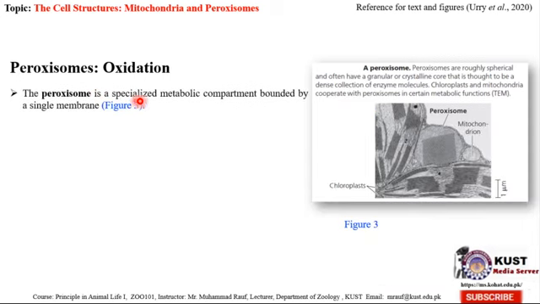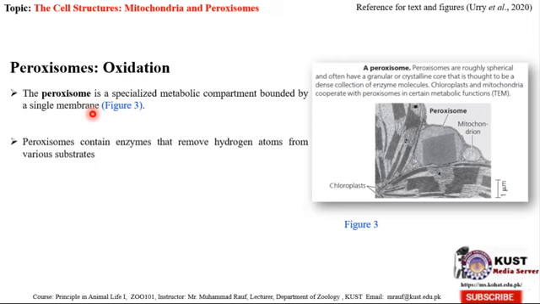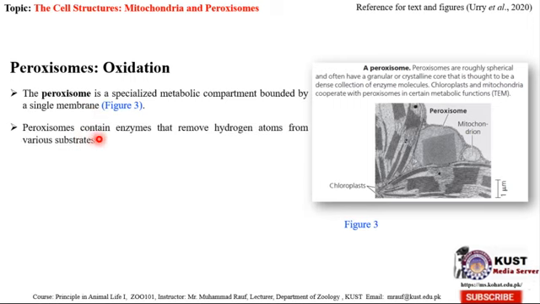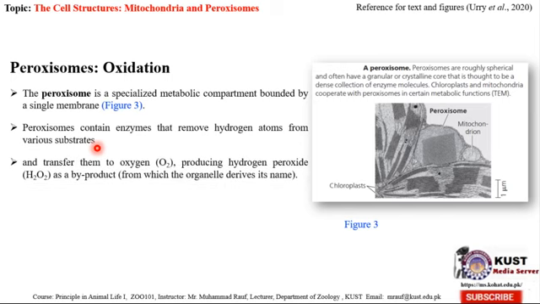Peroxisome is a specialized metabolic compartment bound by a single membrane. Peroxisomes contain enzymes that remove hydrogen atoms from various substrates and transfer them to oxygen, producing hydrogen peroxide as a byproduct, from which the organelle derives its name.